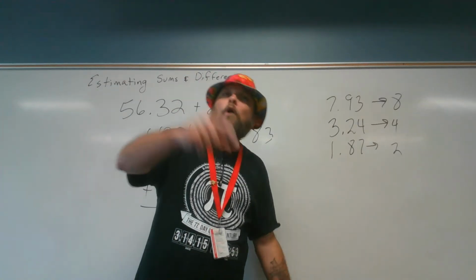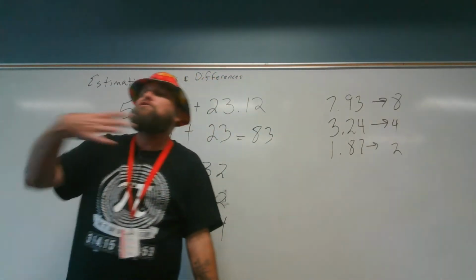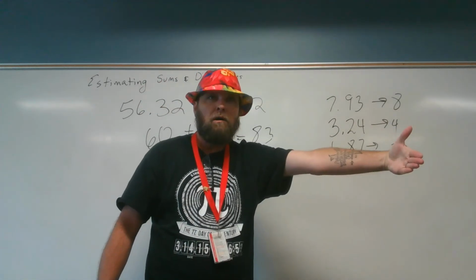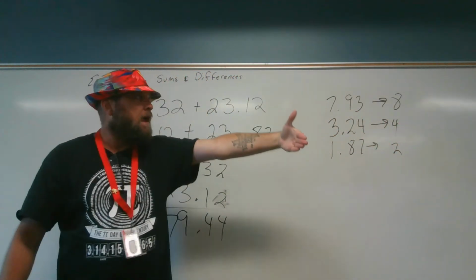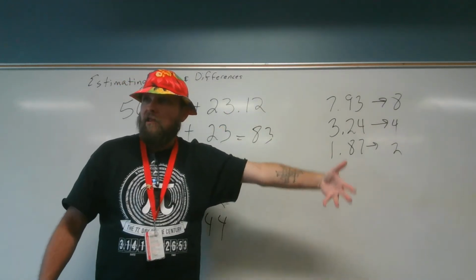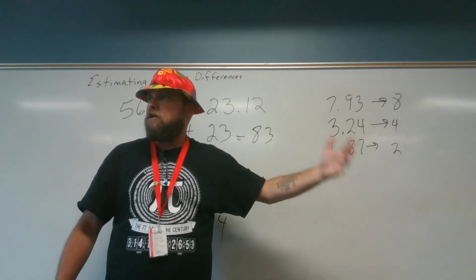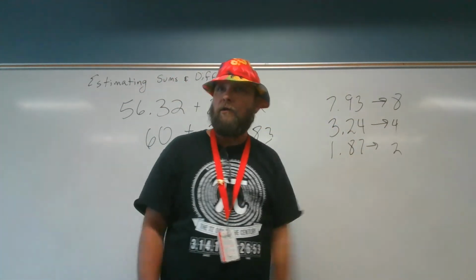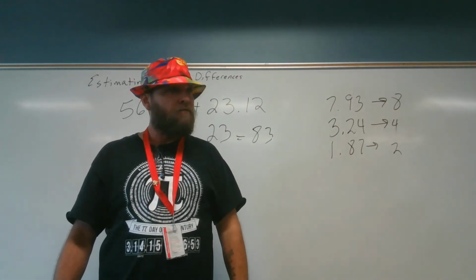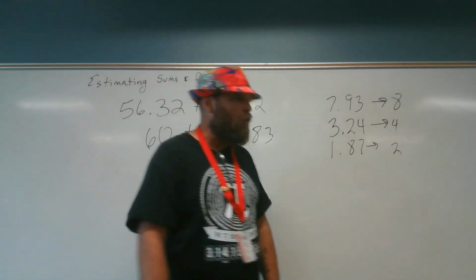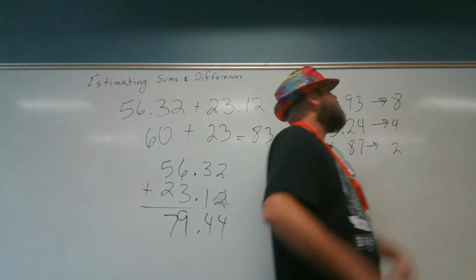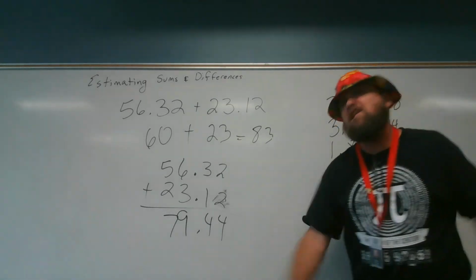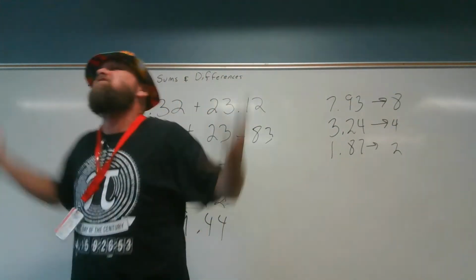Okay, when you're shopping, you want your estimate to be more than the actual cost. Otherwise, you go to the register and that person's looking at you like, what kind of bozo thought that this was only going to be $10? Whose parents raised this person like this?